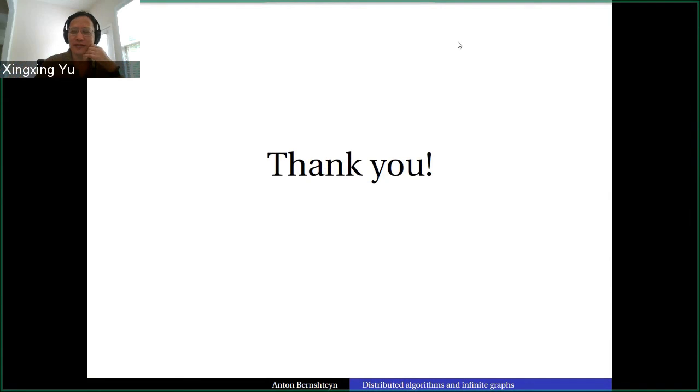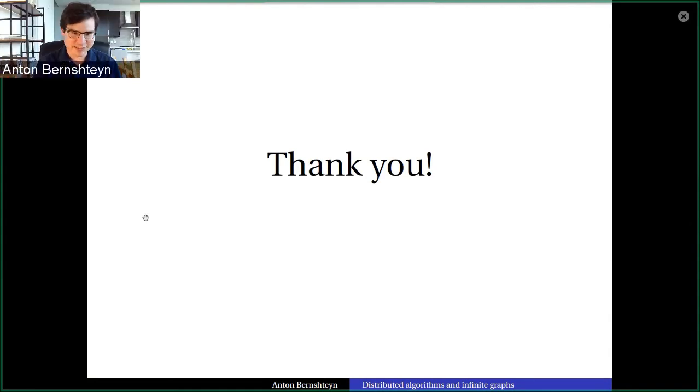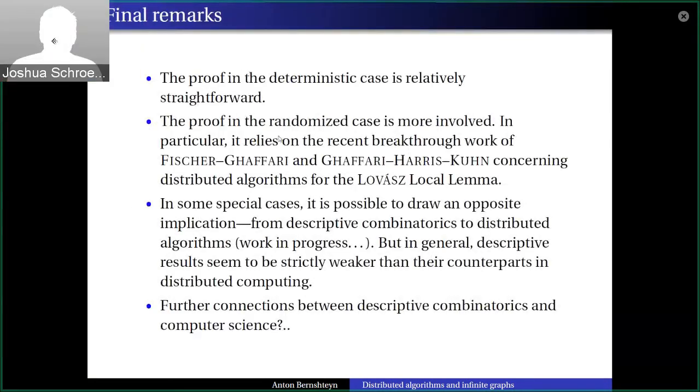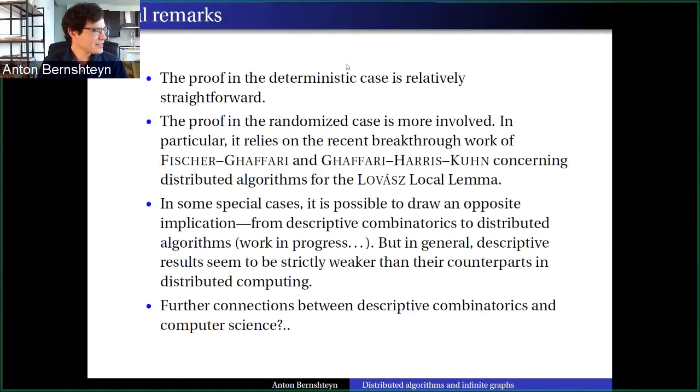I was going to ask what's the opposite direction, but you asked it and answered it at the end. Yeah, so I didn't say what the special assumptions are under which you can go back. It's a bit too much of a sidetrack. I can tell you later.